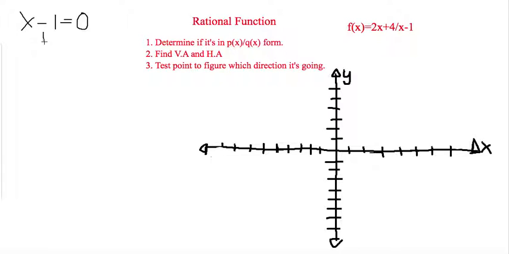So you add 1. So x equals 1, right? So our VA is x equals 1.